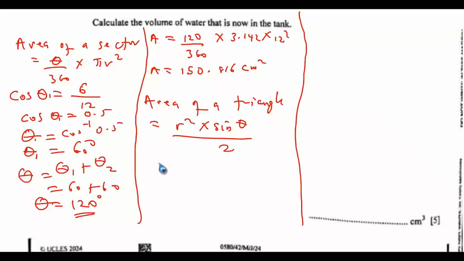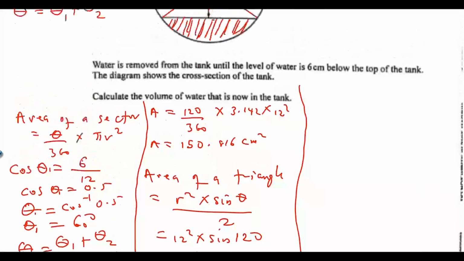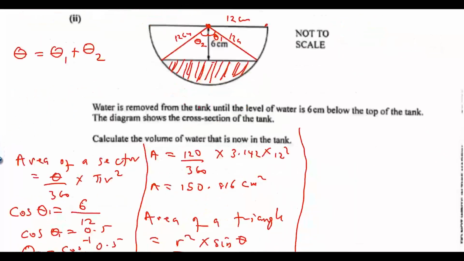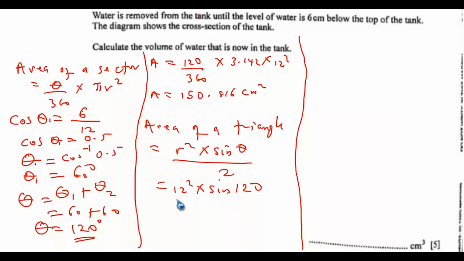If you key in the values, this will be 12 squared times sine of theta, which is 120. That's our theta here, that is theta 1 plus theta 2. Everything divided by 2.